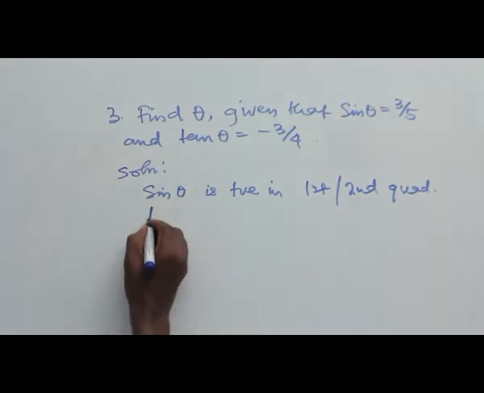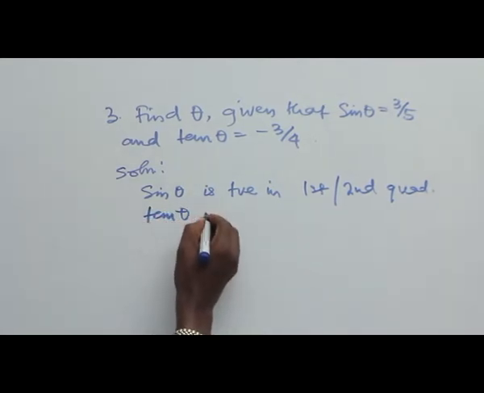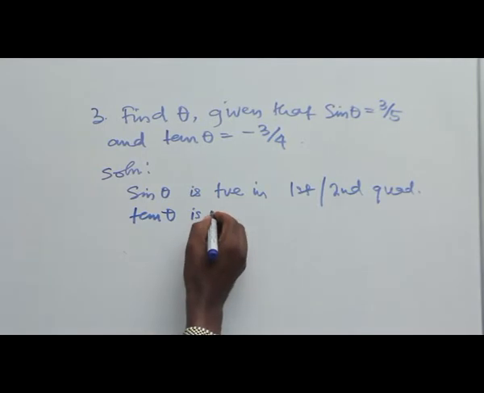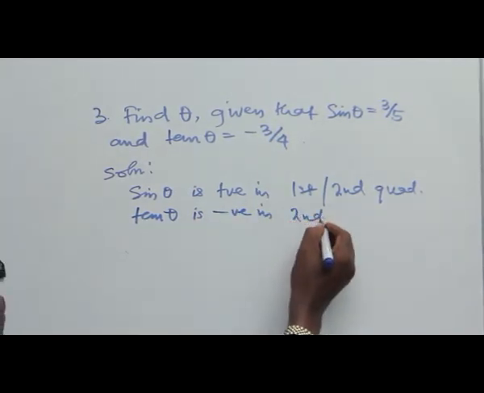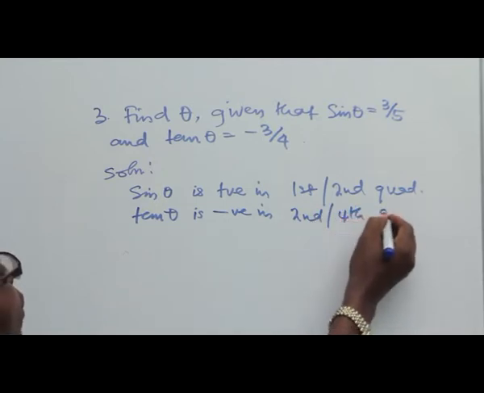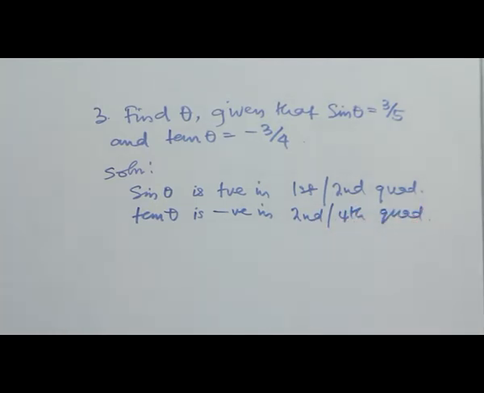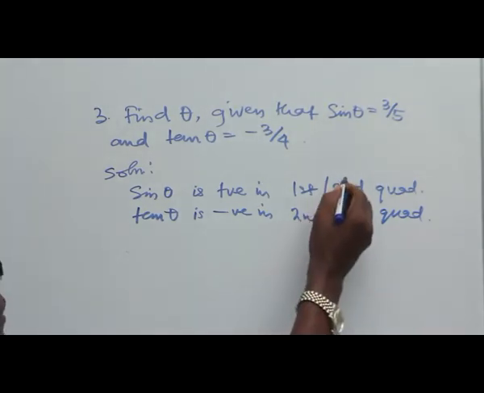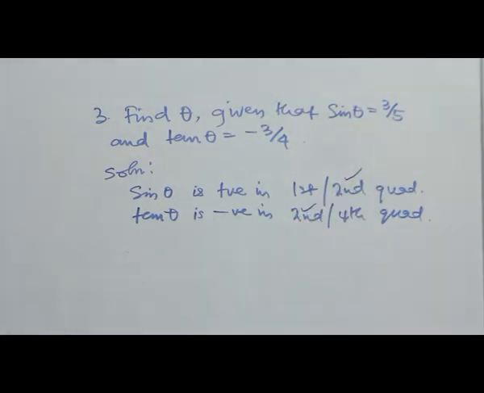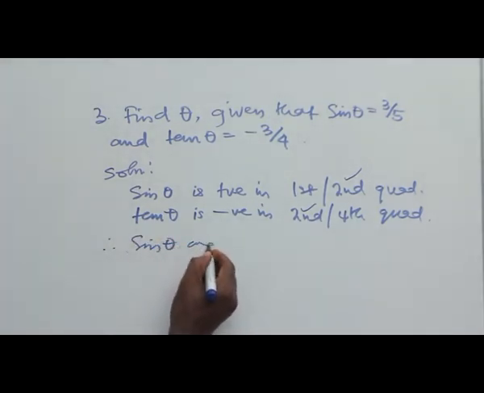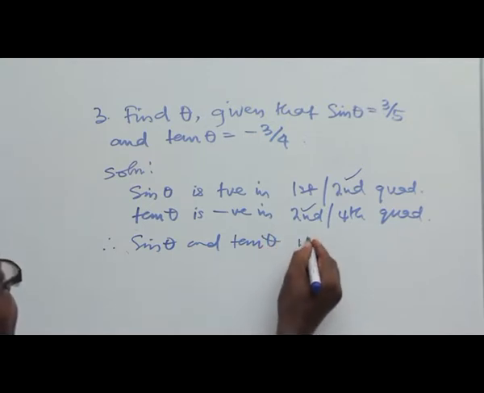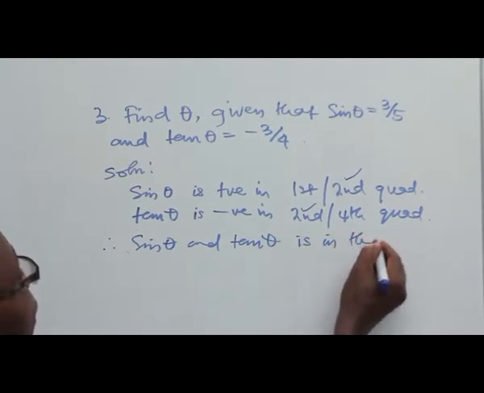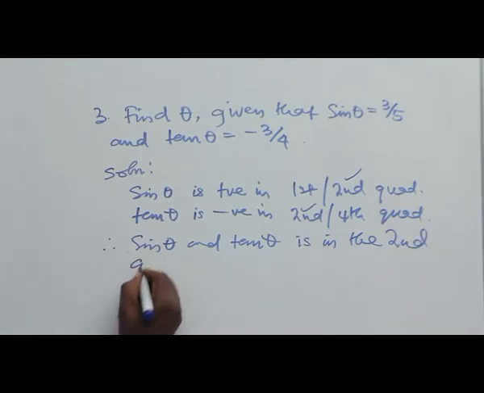Then your tan theta is negative in the second and fourth quadrant. In other words, we are interested in the common ground, the second quadrant. Therefore, your sin theta and your tan theta are in the second quadrant.